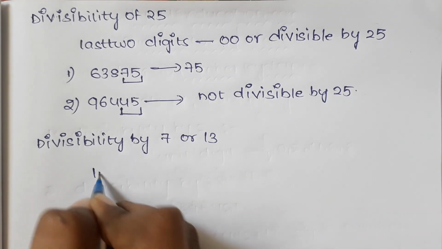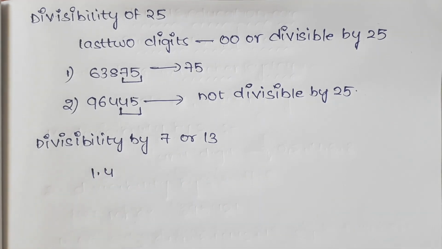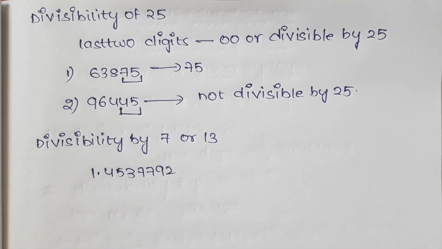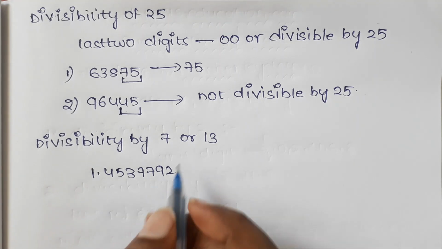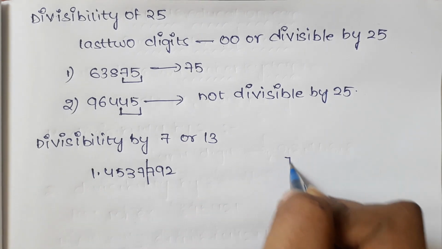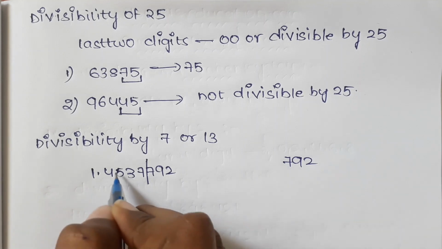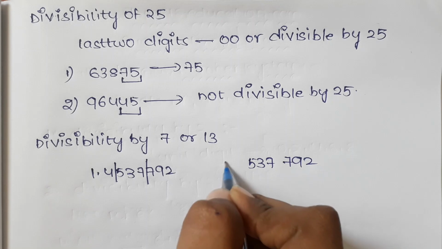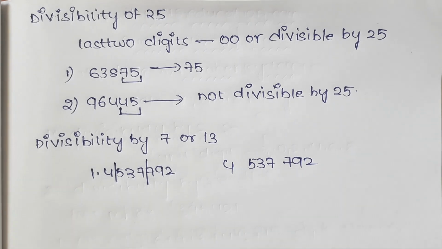Let us see one example, that is 4537792. Here, according to the divisibility rule, we have to separate this number into groups of 3 digits. That is 792 is one group, 537 is one group, and 4 is one group. Now here we should see the difference of odd places and even places.